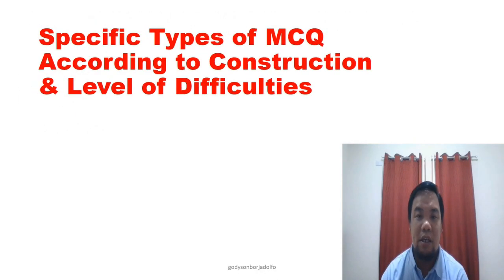To answer the examination correctly, the examinees must know about the specific types of MCQ questions according to construction and level of difficulties. There are three specific types of multiple choice questions according to the construction and level of difficulties.